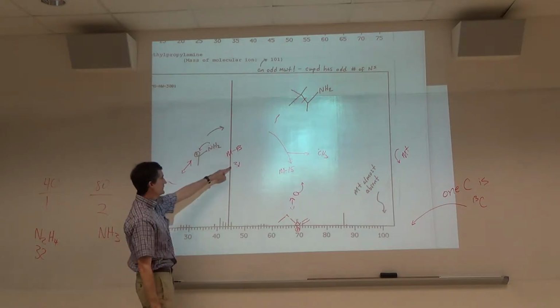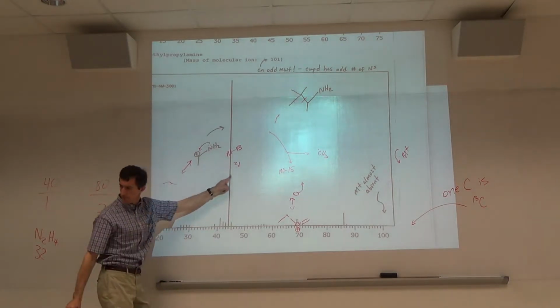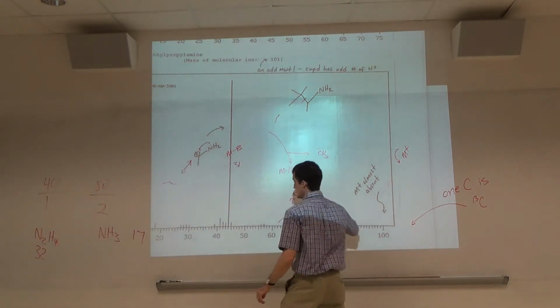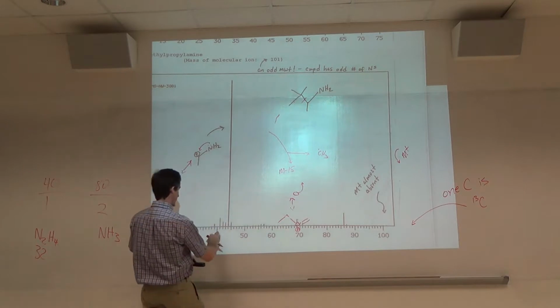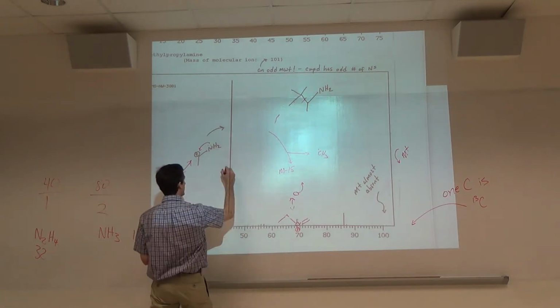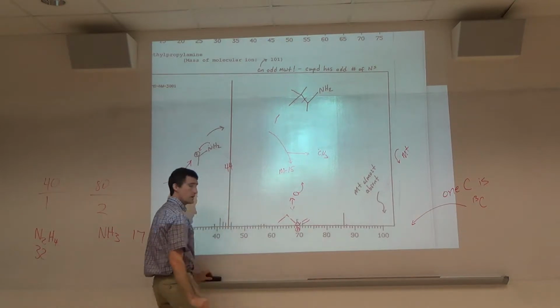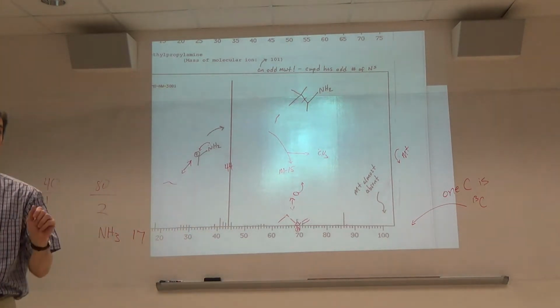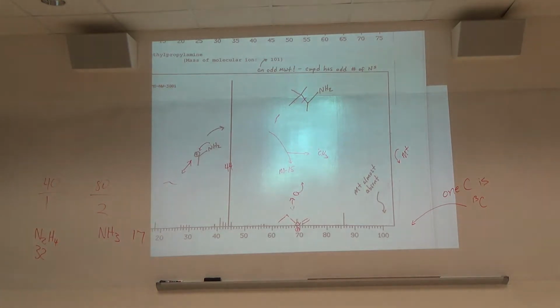Hold on. That was from the previous compound, right? Well, that's not, mine's 43. What is the mass of this? What is that, 44? This is also the nitrogen rule. All the previous ions we looked at were even or odd?